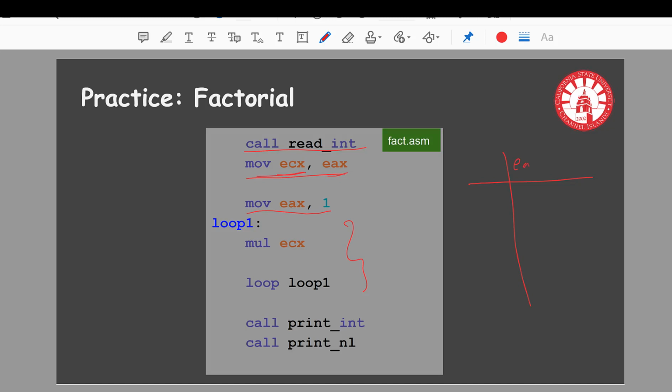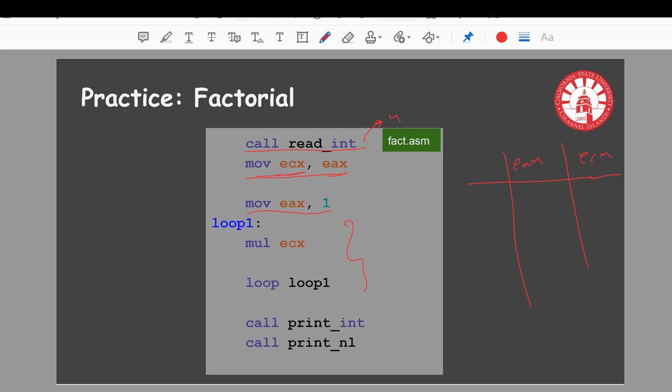So we have the EAX register, and then we have the ECX register. The ECX register contains the number that we read from the input. Assume that in here we read the number 4. When you call read integer, it gets the data and puts it in the EAX register.